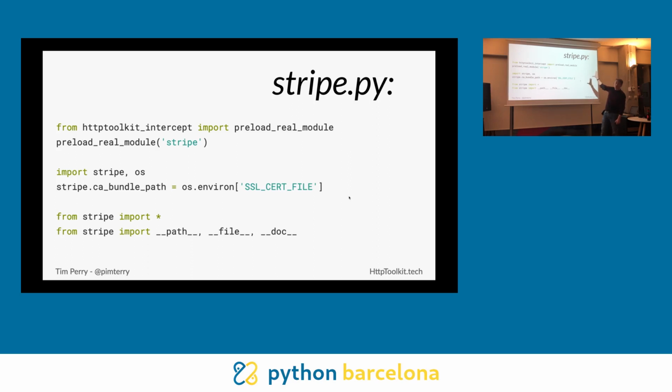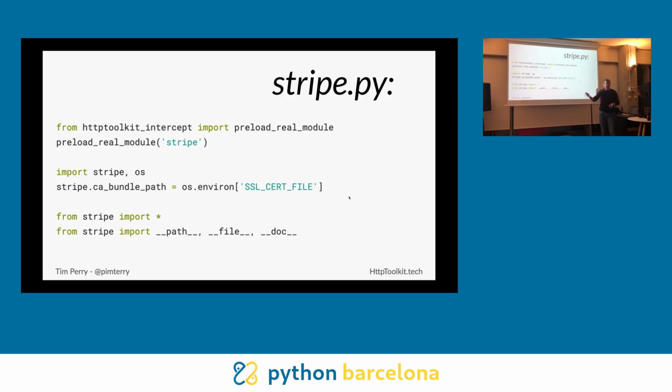When you load it, you load this Stripe instead of the real one. This then loads the real Stripe, edits it to add our CA, and then gets the public properties and also some of the private properties so that from the outside point of view, this acts exactly like the real Stripe. It's got the same path, the same file as the real Stripe, it's got the same docstring as the real Stripe. Everything looks just like real Stripe.